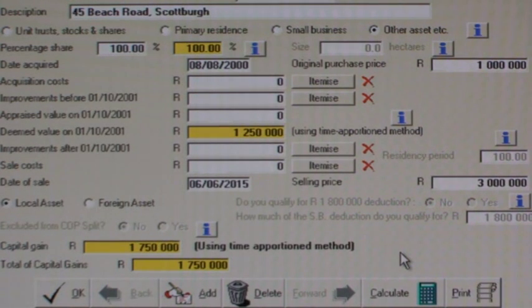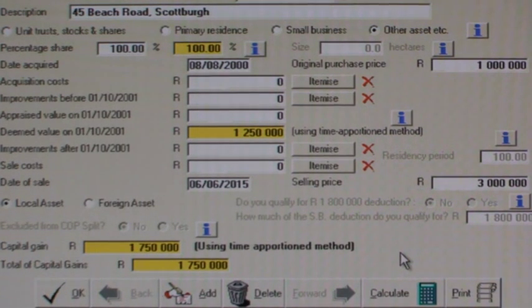This means we add 250,000 to the 1 million rand purchase price and we get a calculated or deemed value base cost on 1st of October 2001 of 1,250,000.